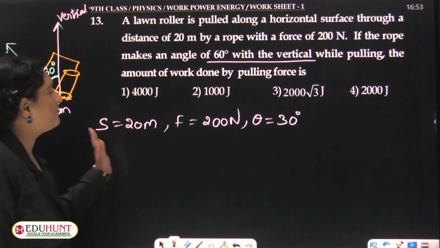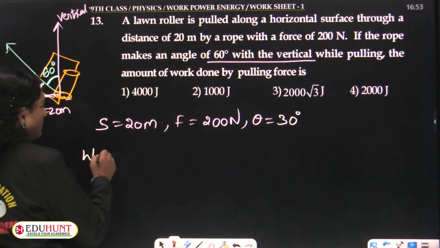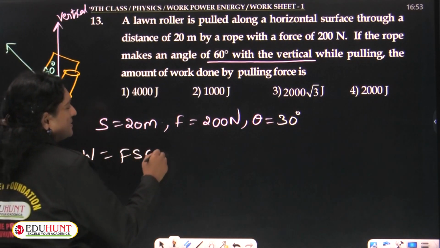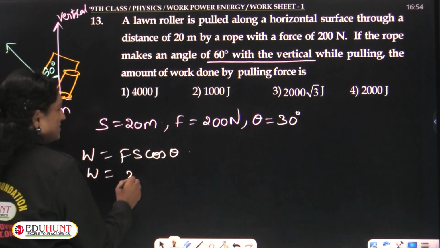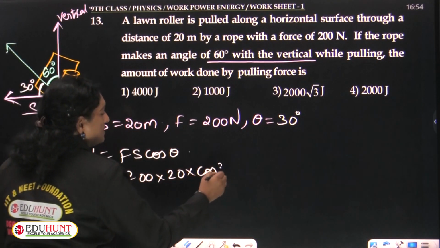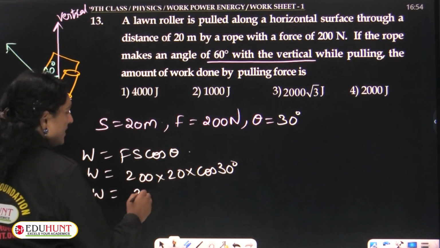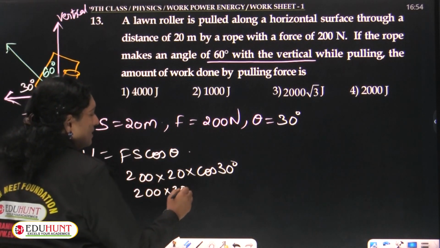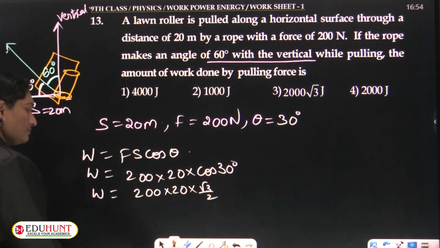So all the values of F, S and theta are known, and you are asked to find the work done. The work done formula is F S cos theta. So this equals F is 200, S is 20 and cos 30 degrees, that is 200 into 20, cos 30 is root 3 by 2.